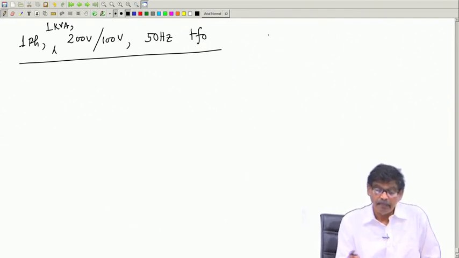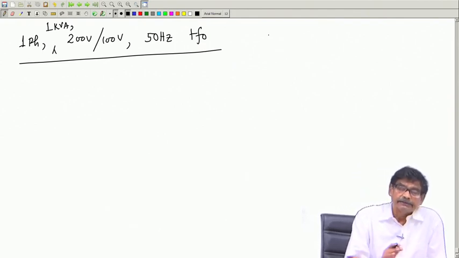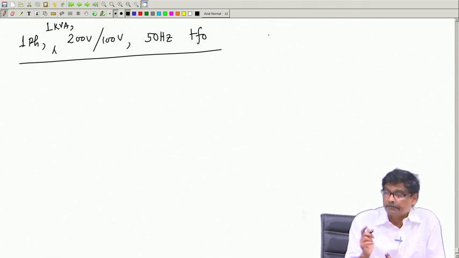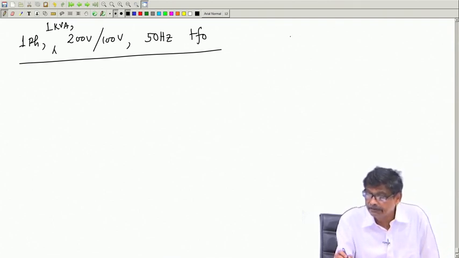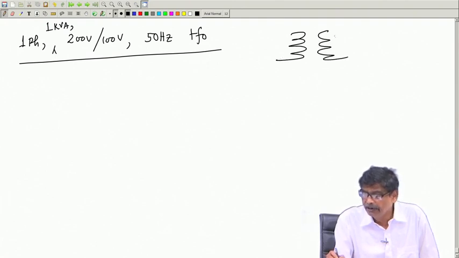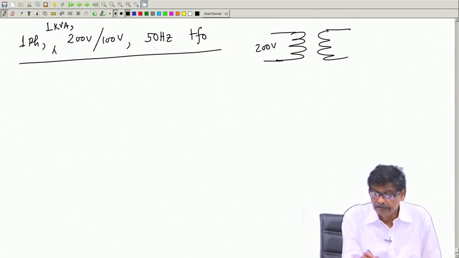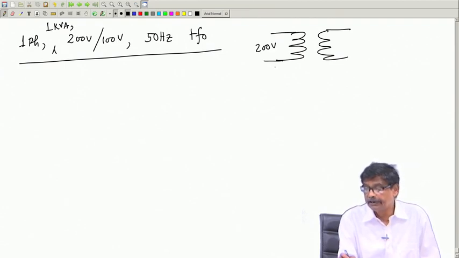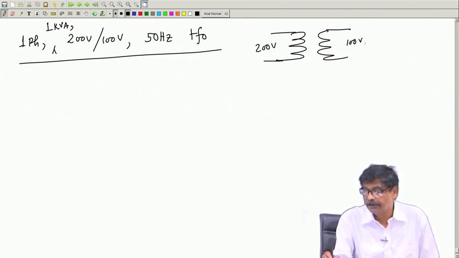Acha, these things are given to you. What does this mean for a practical transformer? This is the practical transformer. I will assume that if you apply a 200 volt 50 hertz source across this winding with nothing connected on the secondary side, you will get 100 volt 50 hertz.